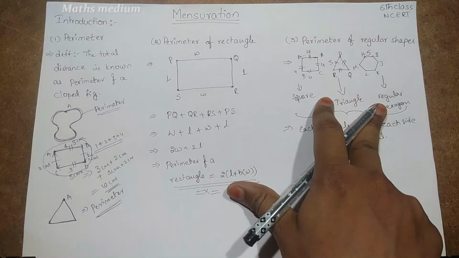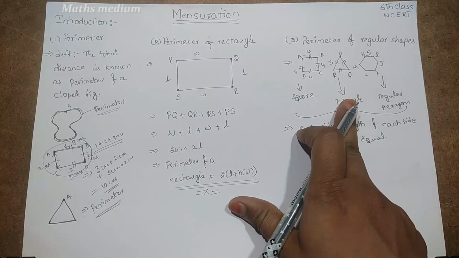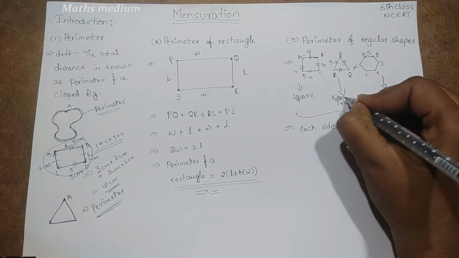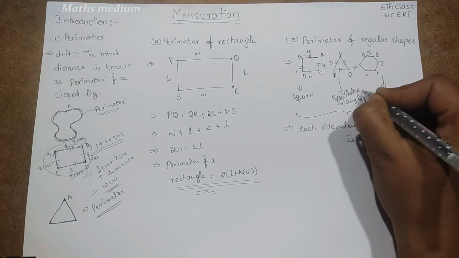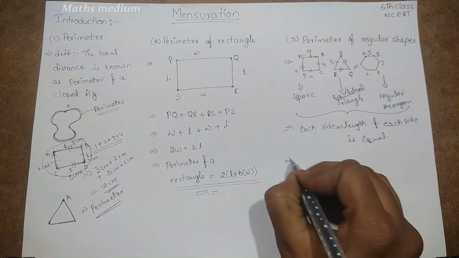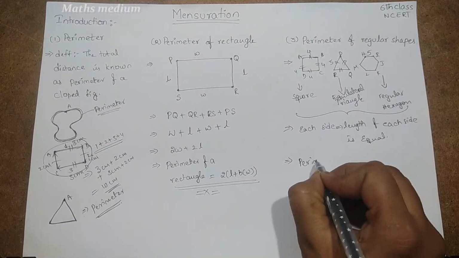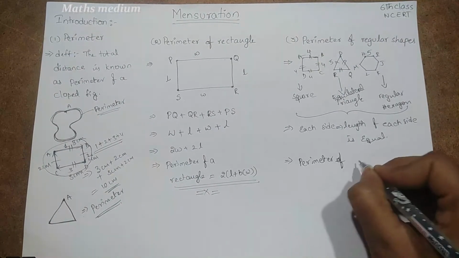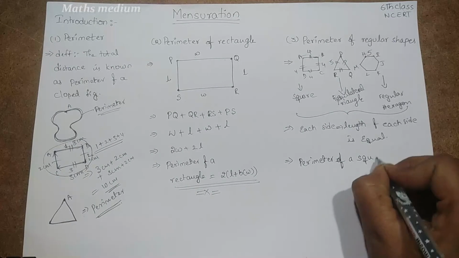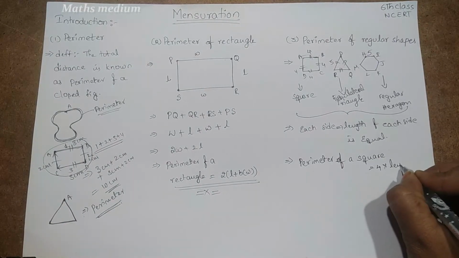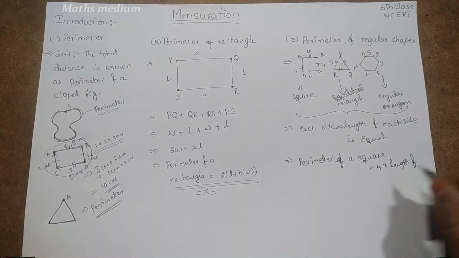In these three cases it is a square, and a triangle, that is an equilateral triangle, and a regular hexagon. Now what is the formula? Perimeter of a square is equal to 4 into length of a side.